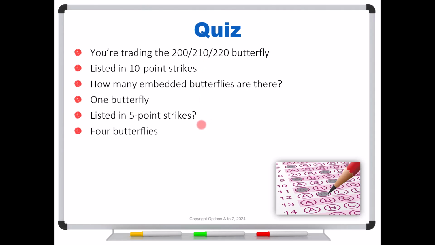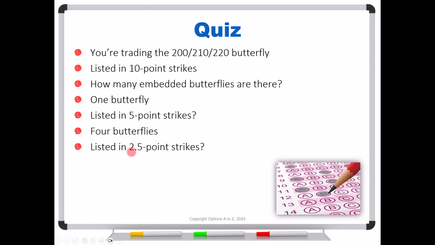What if we look at our broker's platform and they're listed in 2.5-point strikes? Well, now we get to count by half as much, so we should have twice as many. We had 2 before, we should have 4 now. 4 squared is 16, right? And if you don't follow that, just start from 200.